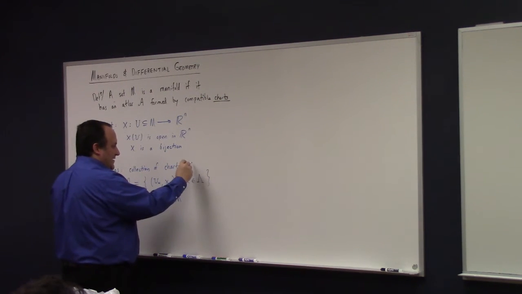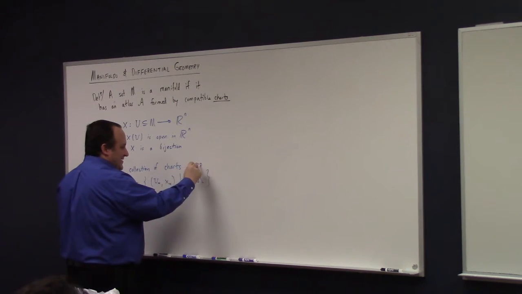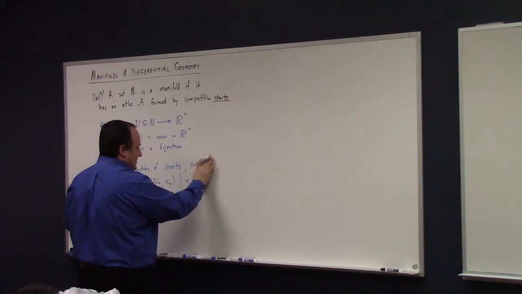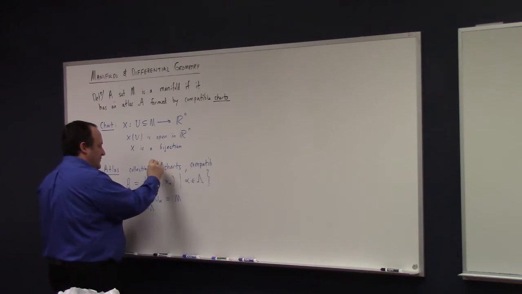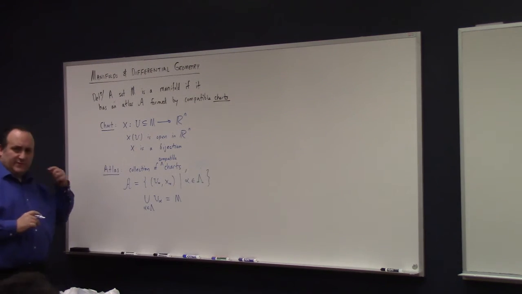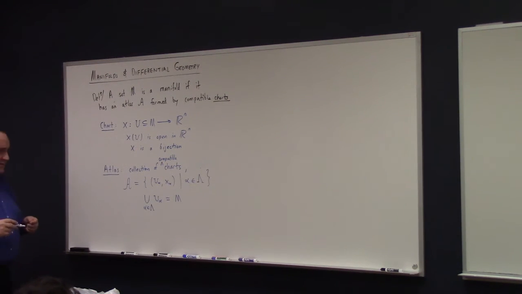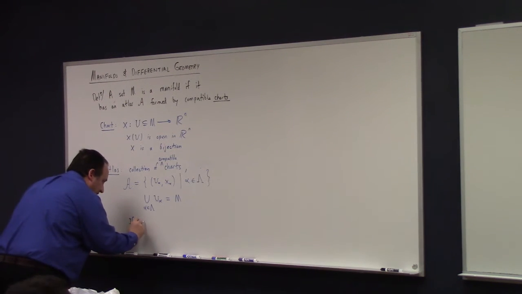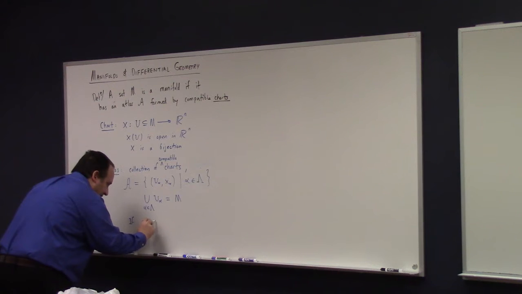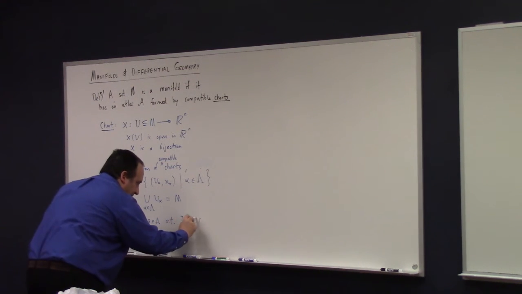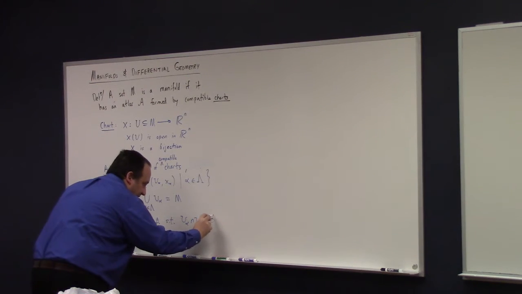And now I'm going to say compatible. I should really say compatible charts. Sorry, my bad. Compatible. And so what's that mean? Well, that means that if you have alpha, beta in your index set such that U_alpha intersect U_beta is not empty, right?